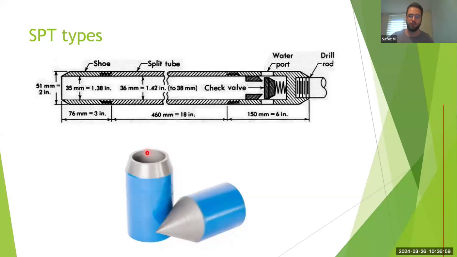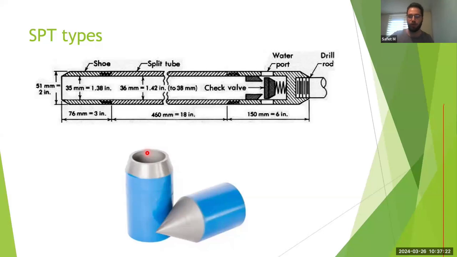You would just ignore the first 15 centimeters, and then you're going to repeat the process. After that, you're going to record the next 15 centimeters and the next 15 centimeters, and you would get basically two numbers. For example, that can be 17 and 18, which would be 35 in total, and your number N would be 35.